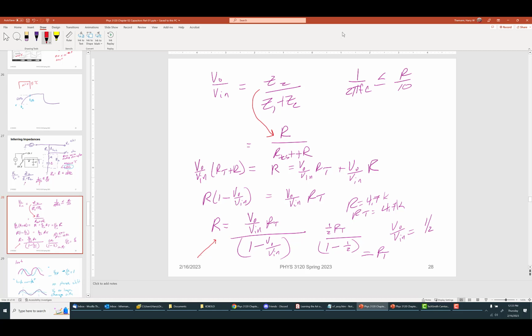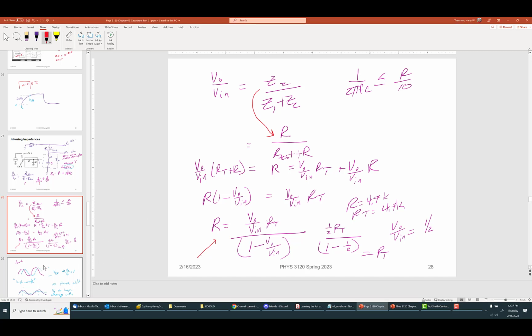Okay, so we made our formula, and just for fun, we plugged in that V out over V in should be equal to half if we have a voltage divider with two equal resistors, and in fact, it returns the correct answer.